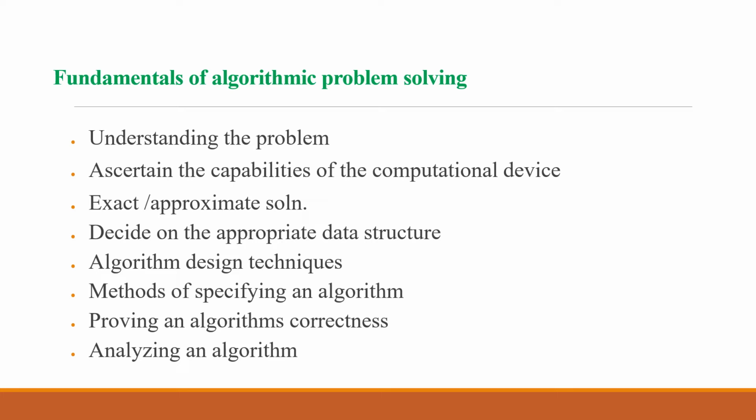There are two kinds of algorithm efficiency: either space efficiency or time efficiency. Space efficiency means how much space the algorithm takes for storage, and time efficiency means how much time it takes to execute certain instructions.